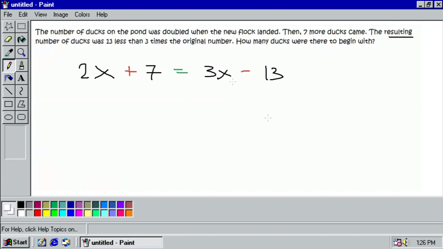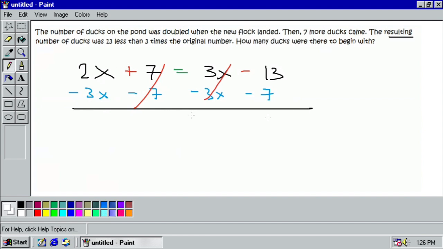Now let's solve it. So let's move 3x here, and let's move positive 7. That means we need to subtract 3x on both sides of the equation, and we're gonna subtract 7 on both sides of the equation. So 7 minus 7 is 0, and 2x minus 3x is negative x. Giving us negative 13 plus negative 7. So that's negative 20.